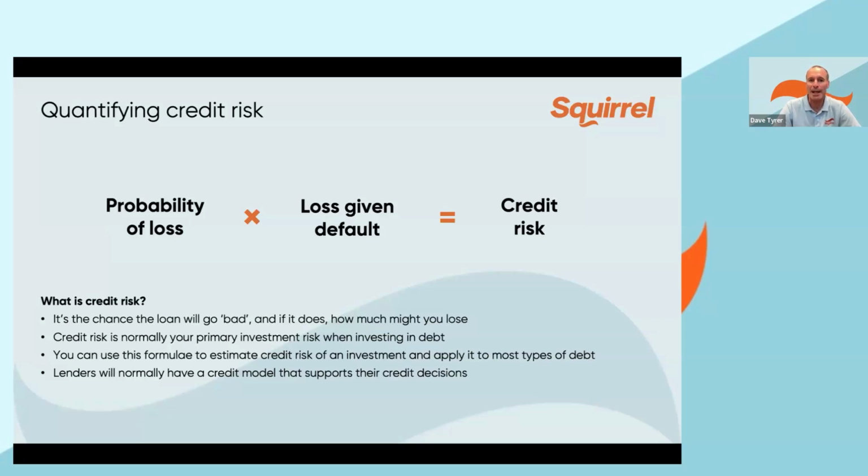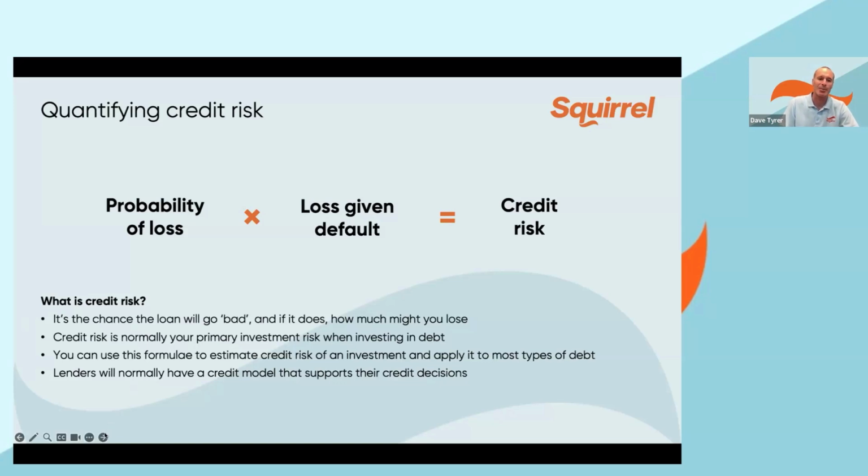Most lenders will have a credit model that they're using to try and determine the amount of credit risk that they're taking in their portfolios and determine how much they need to reserve or provision in amongst what they do. So that gives you an idea of what the formula is, and then what it does.